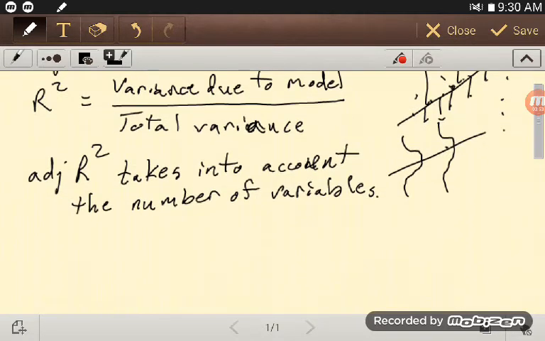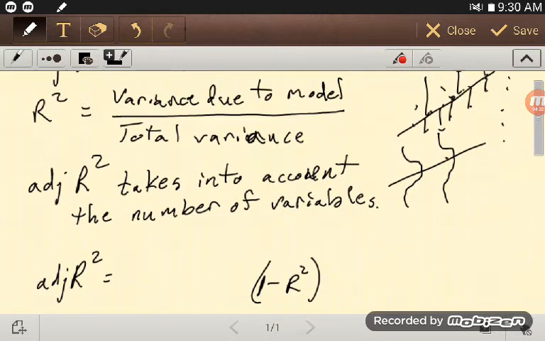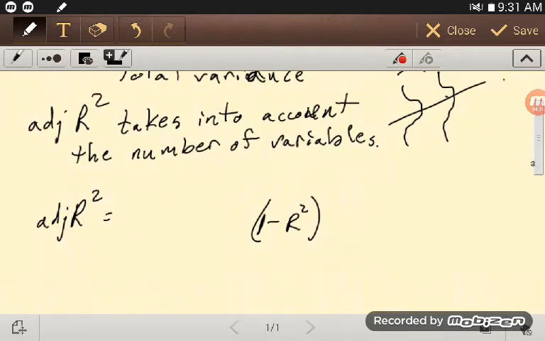Now our definition of how we calculate it is, if I want my adjusted r squared, what I'm going to do is first take 1 minus the r squared. So I'm going to space over here a little bit. 1 minus the r squared. Now what that gives us is then the variance that's not due to the model over the total variance. Okay, so it gives us that.